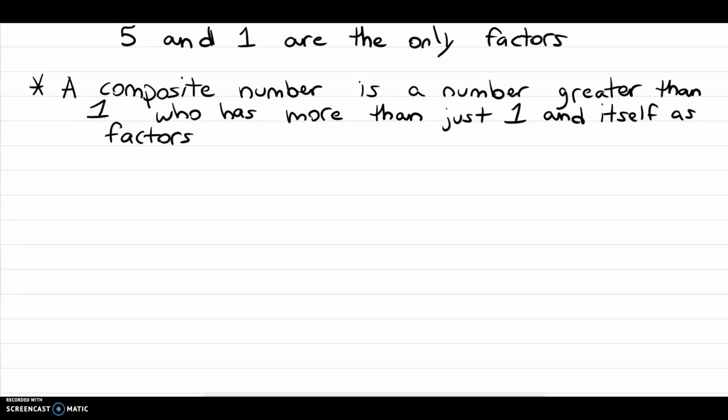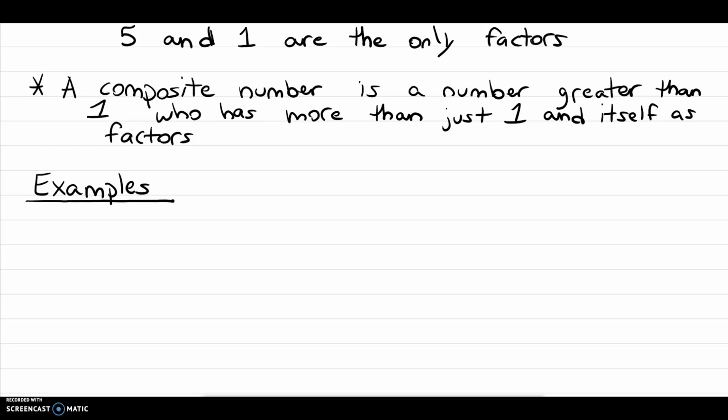So a composite number is a number greater than 1 who has more than just 1 in itself as factors. So let's take a look at some examples. We looked at one example already of a number that wasn't prime, and so we know the definition now of that would be a composite number.